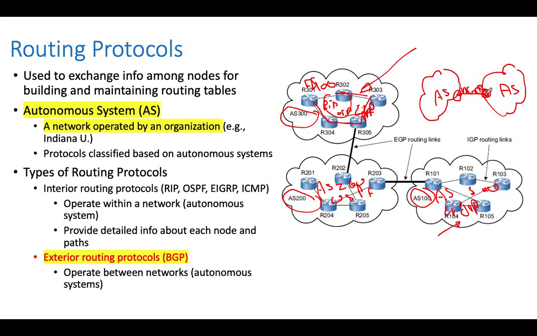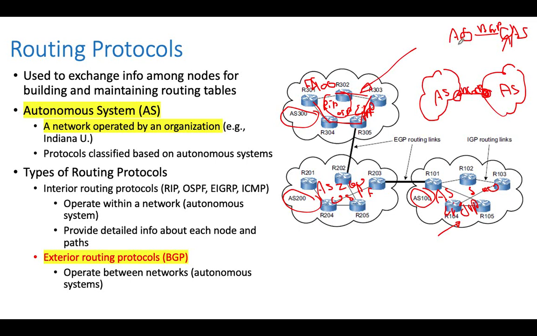But can I configure BGP as an internal routing protocol? No. When you use BGP, you have to use it between AS, not a normal router, or it is a router, but it's not normal internal routing.